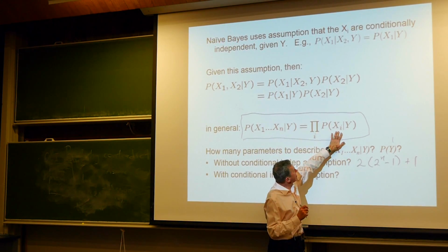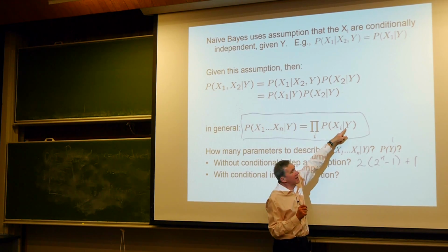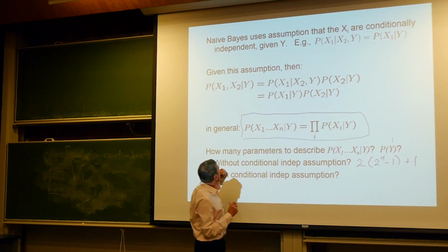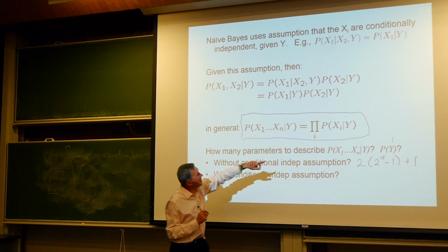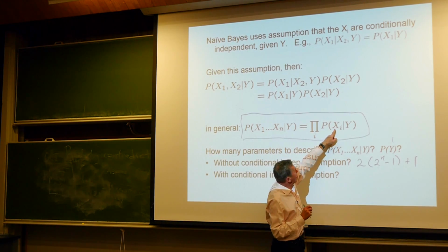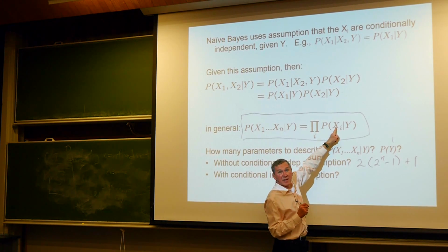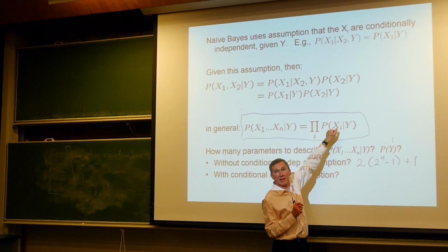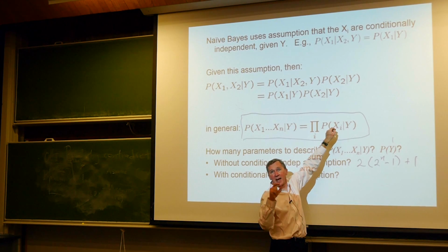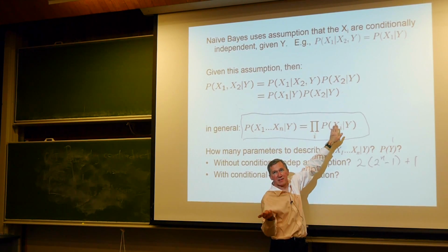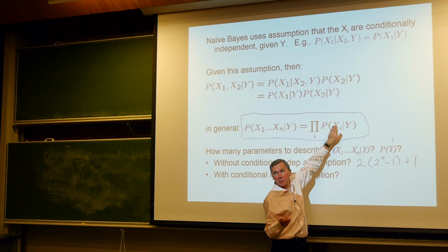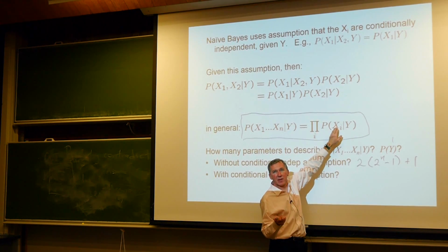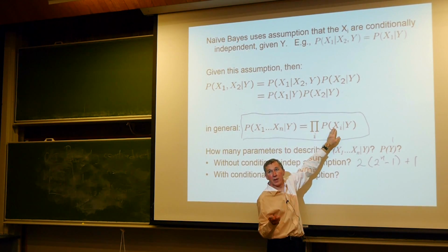For each of these, x can be 1 or 0, y can be 1 or 0. Let's take y equals 1. When y equals 1, we just need the probability that x equals 1. We don't need x equals 0 because that's just 1 minus. And when y equals 0, we'll need to estimate the probability that x equals 1 then too.